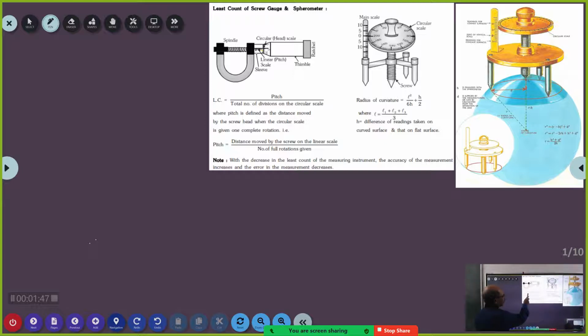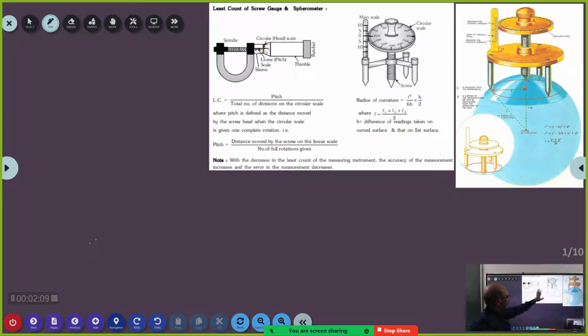But remember, least count is pitch divided by total number of divisions on the circular scale. Quite simple. Or pitch itself is equal to the distance moved by the screw on the linear scale divided by the number of full rotations given. And of course, zero error correction is also there.